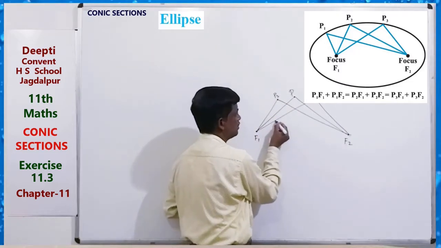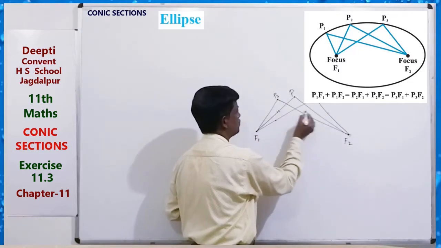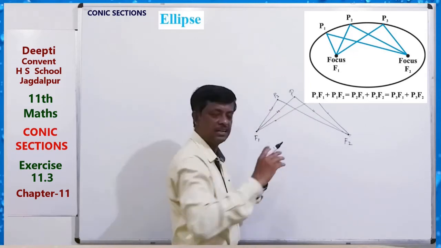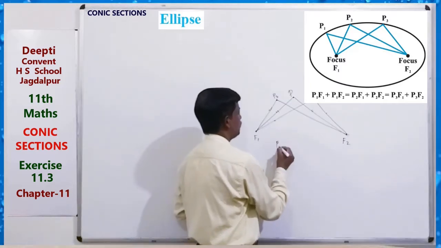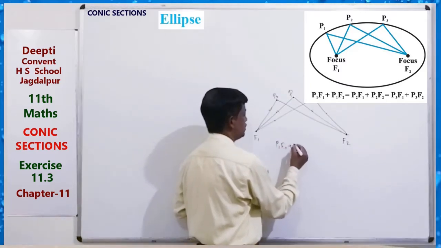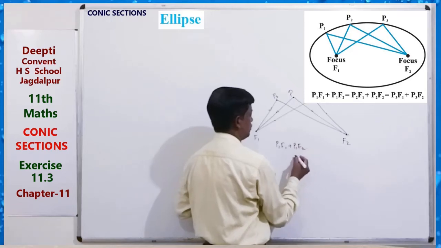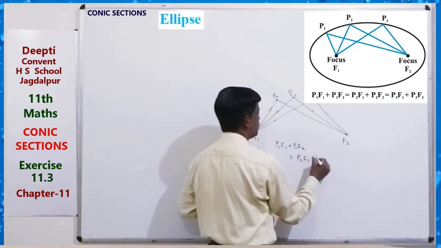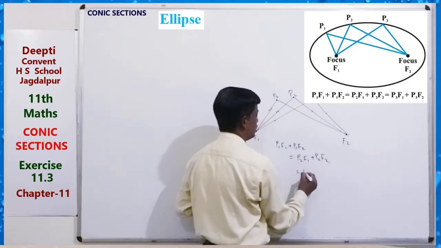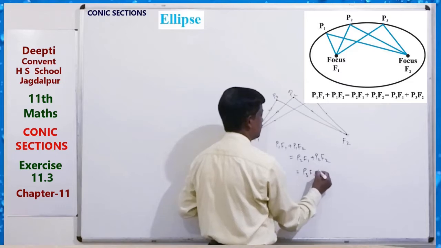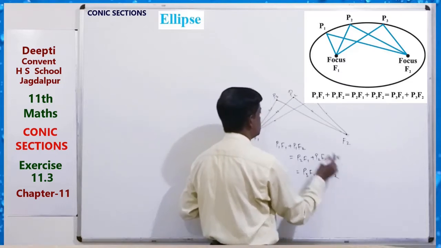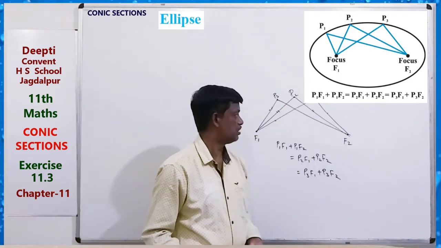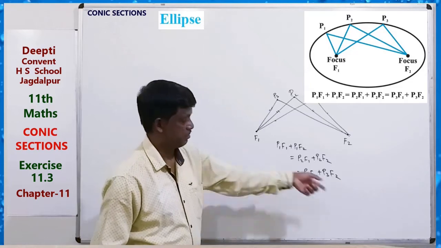The distance of this plus this, this plus this, is the same addition. That means here P1F1 plus P1F2 is equal to P2F1 plus P2F2, equal to P3F1 plus P3F2, meaning the sum of distances from two fixed points is always constant.